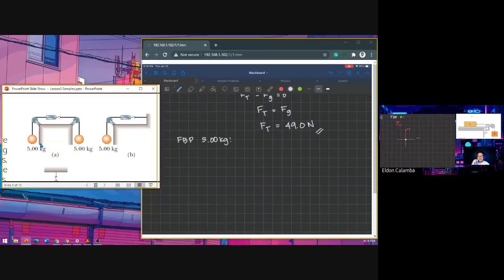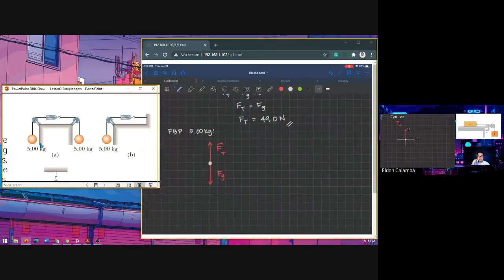So FBD of the 5 kilograms. If sanay ka na mag-FBD, there's no need to write your positive X, positive Y. Yung iba nga, ganito nang sinusulat diretso. So you have FT, then you have your FG.